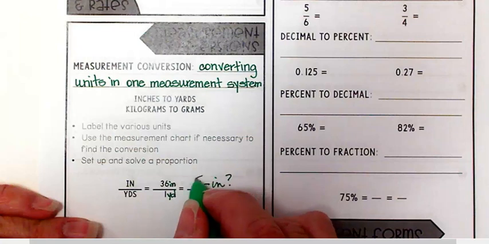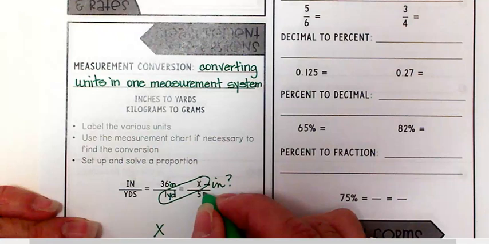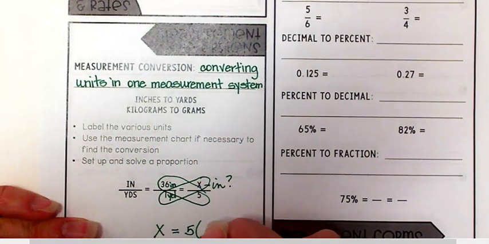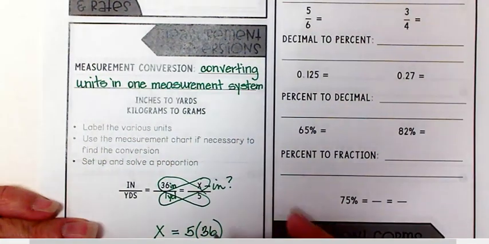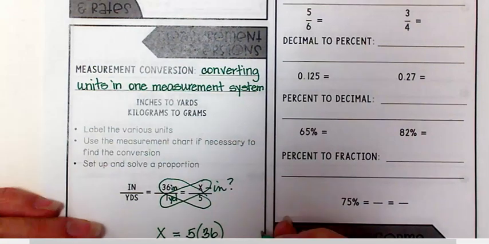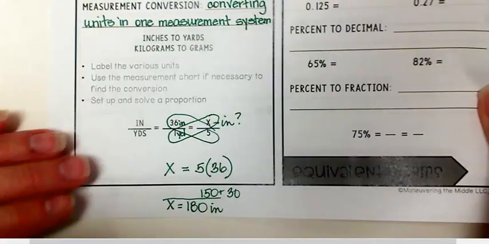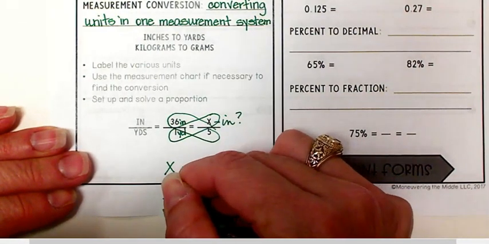You would cross multiply. 1 times x is just x. 5 times 36 would give you your answer. 5 times 30 is 150. 5 times 6 is 30. So x equals 180 inches. 180 inches is equivalent to 5 yards.